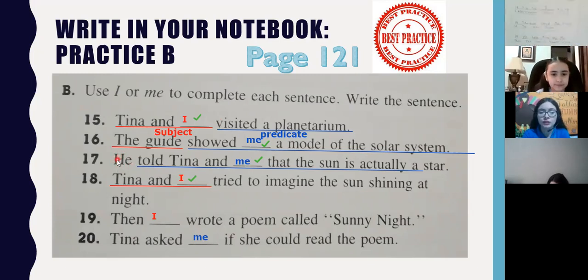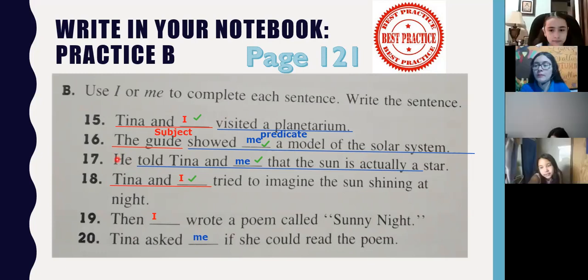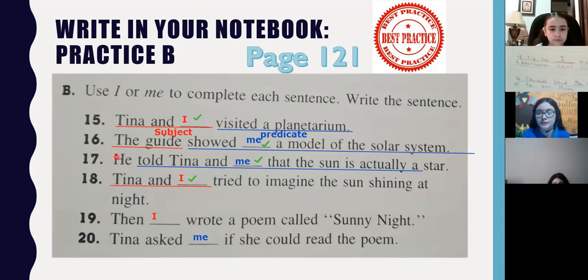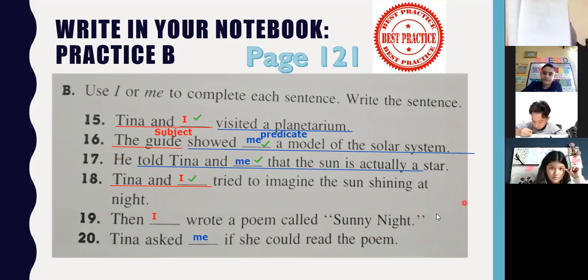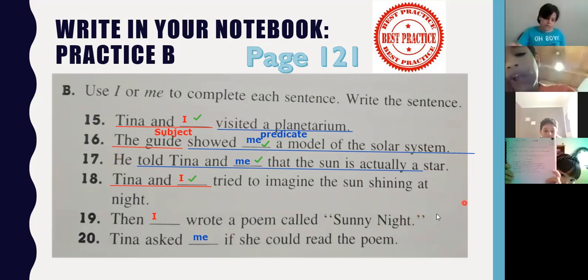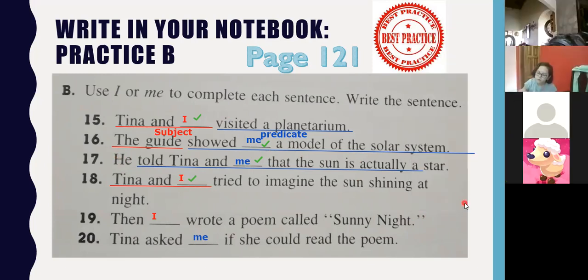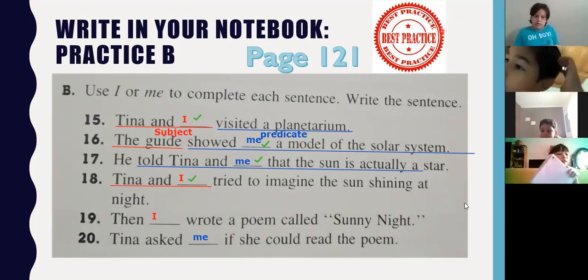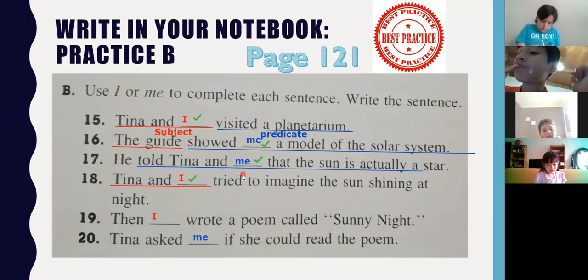He is the subject. He is a subject pronoun. Remember, the subject can be just one word. It can be just a noun or it can be a pronoun. So just he is the subject. Excellent. Any other question, class? And in 19 and 20, what is the subject and the predicate?